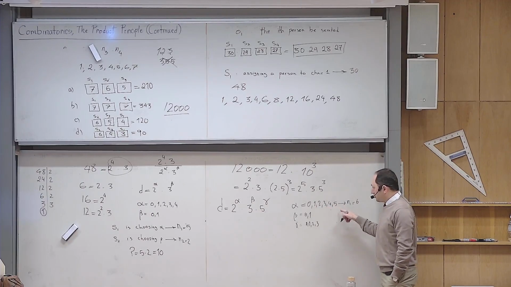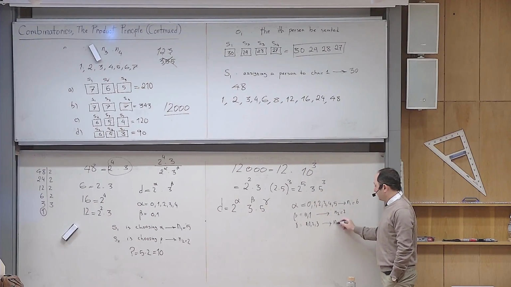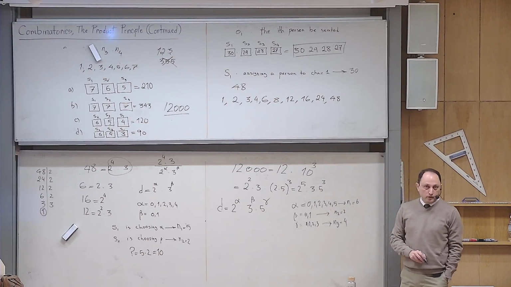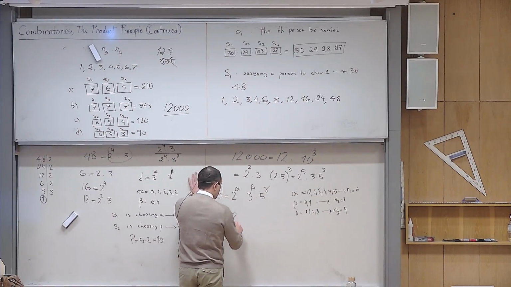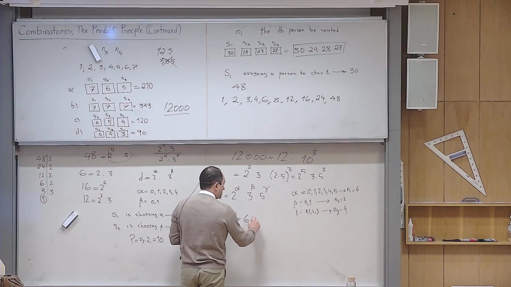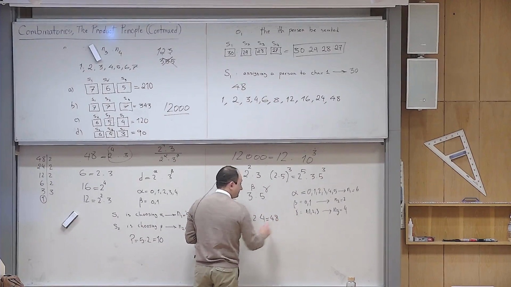Independent of what I choose for alpha, I still have 2 options for beta. Independent of what I choose for alpha and beta, I have 4 options for gamma. So the total number of positive divisors is what? 6 times 2 times 4, which is 48.